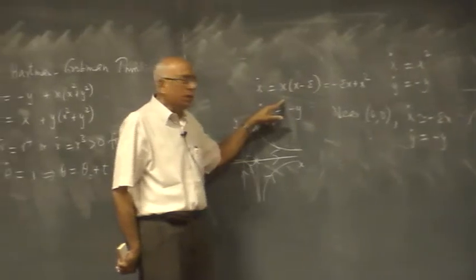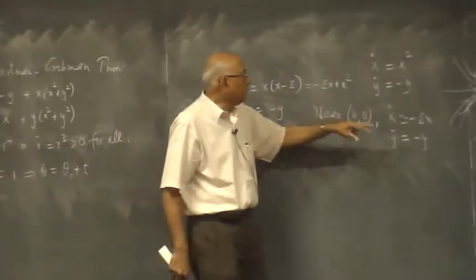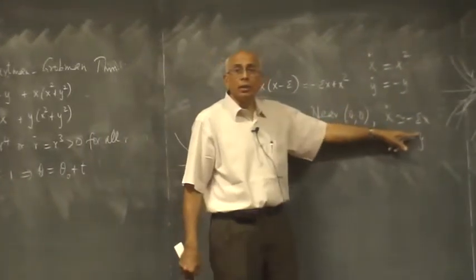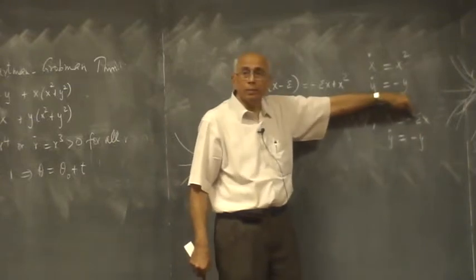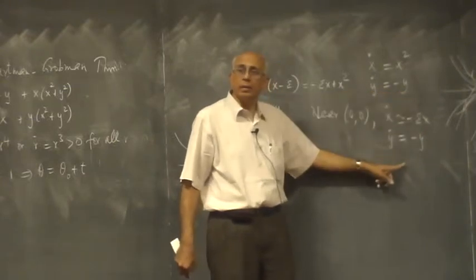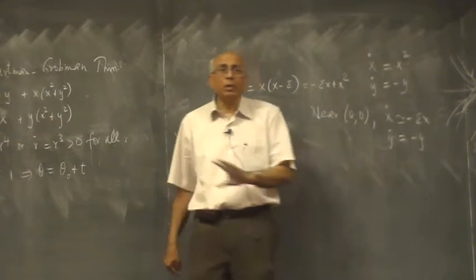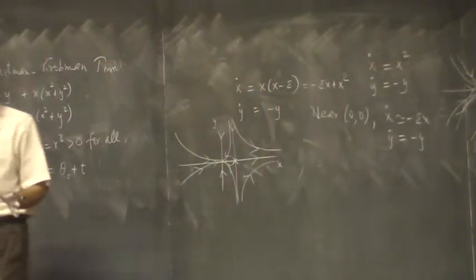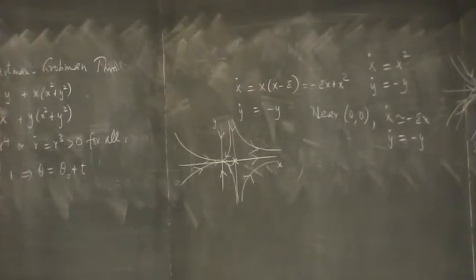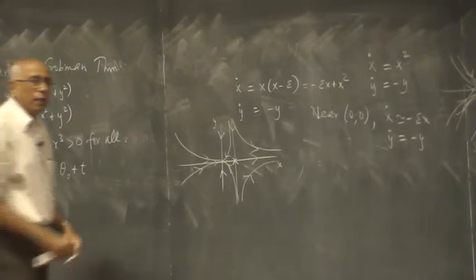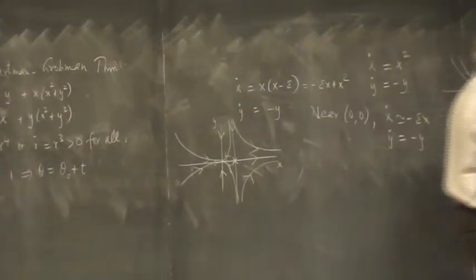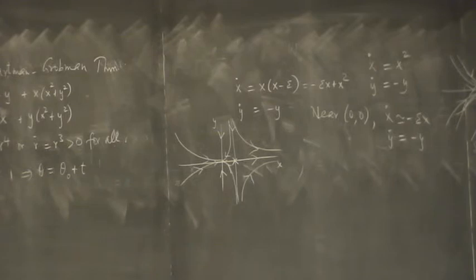And then it's not hard to see that if epsilon becomes negative, near the origin, you have a plus here, and you have a minus here. So you have two eigenvalues with opposite signs. Therefore, it becomes a saddle point. And the node becomes a stable node.